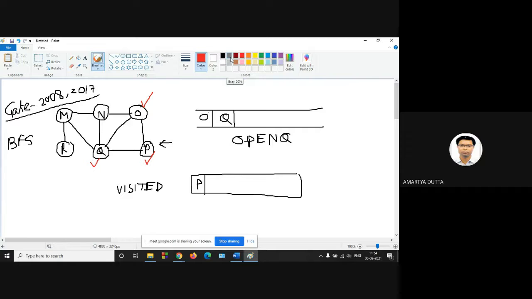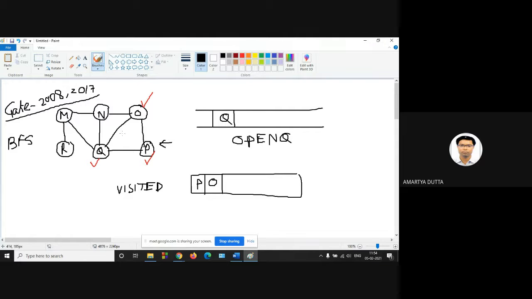FIFO, first in, first out. So O is entered first, so O will be deleted first. First delete this O and write down your O here. So O is visited, right?